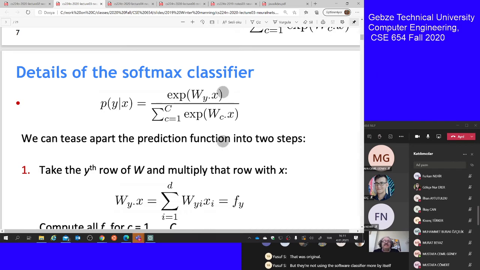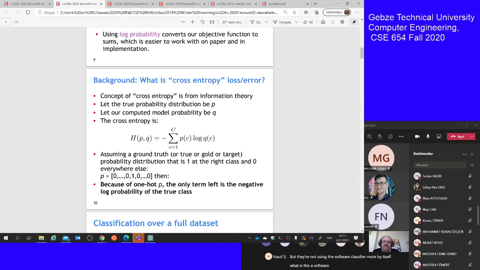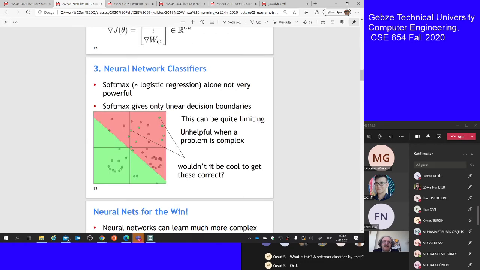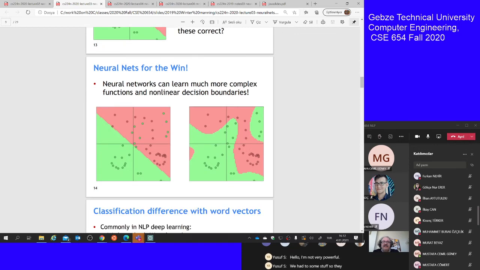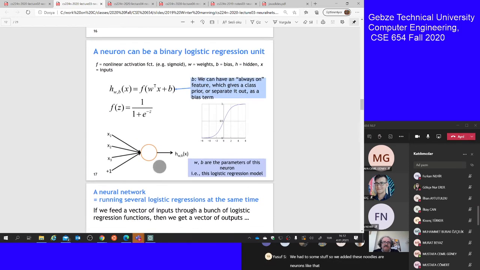What did we say? The softmax classifier by itself alone is not very powerful. We had to do some stuff, so we added these neurons. Before the softmax I have these, so what is input to the softmax is the output of these neurons.